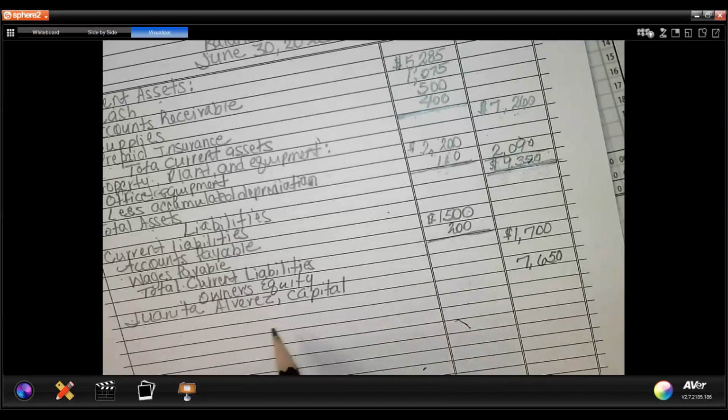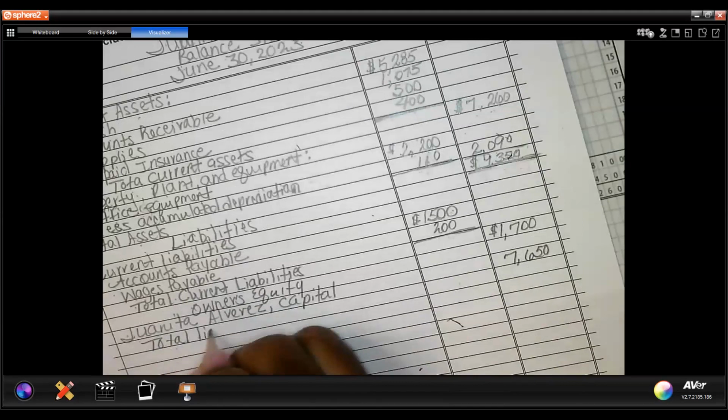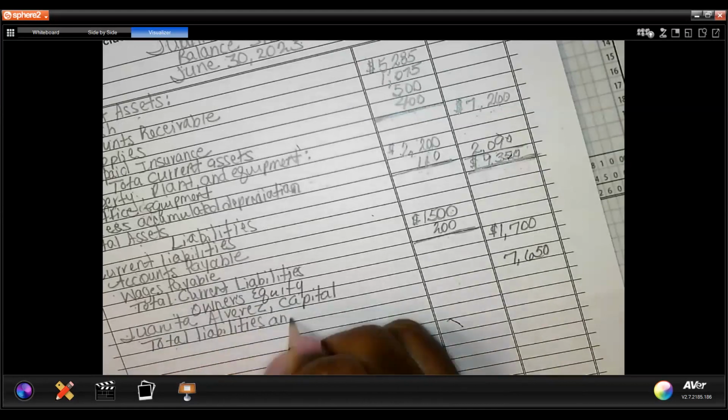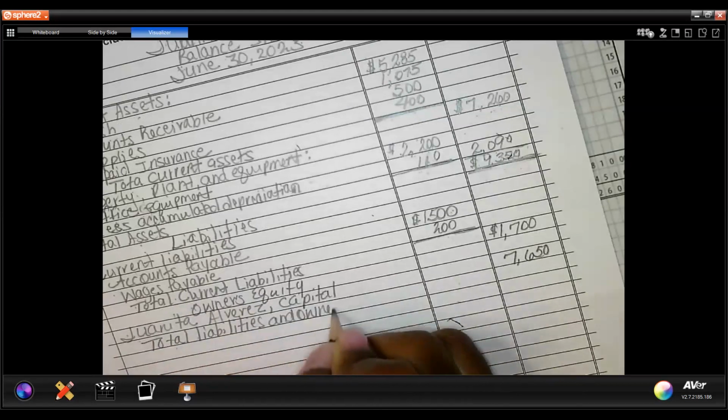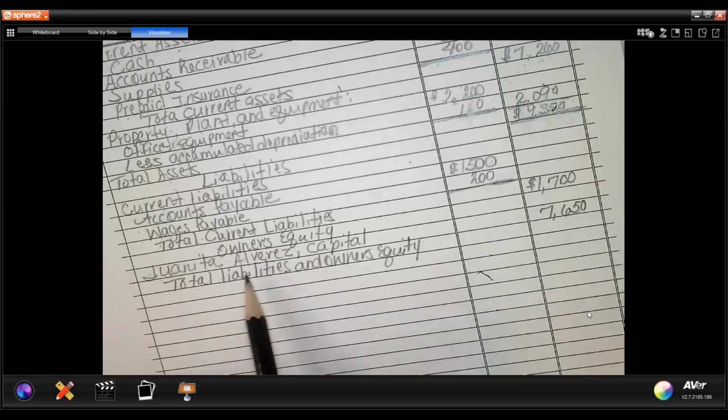So let's write in total liabilities and owner's equity to figure out what that amount is.